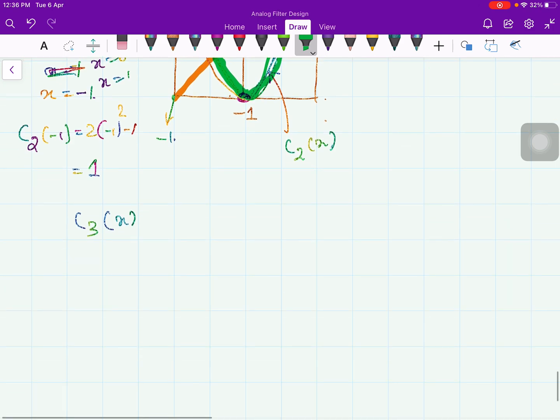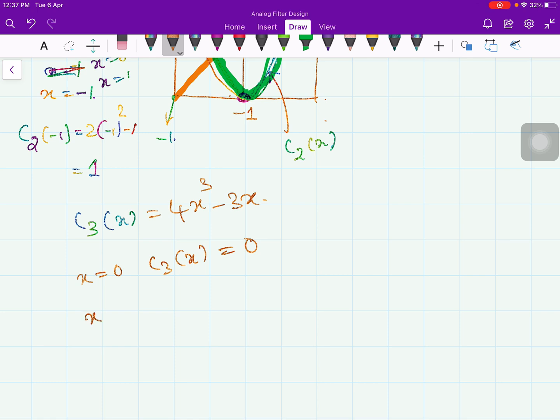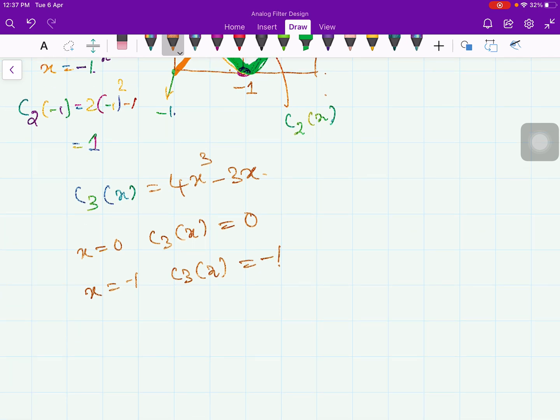Similarly, you can draw C3 of x also. C3 of x is equal to 4x cubed minus 3x. At x equal to 0, C3 of x is equal to 0. And when x is equal to minus 1, then C3 of x is minus 1. So it starts from minus 1, and then it must pass through 0.